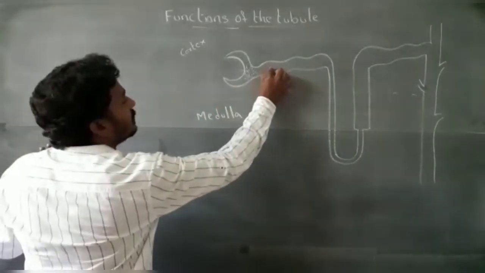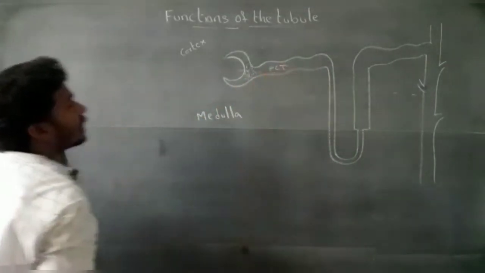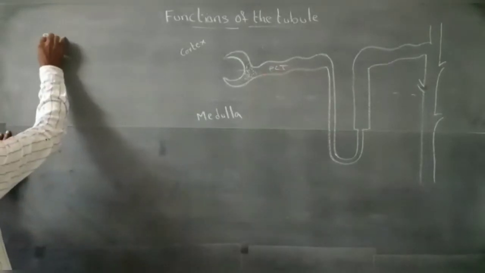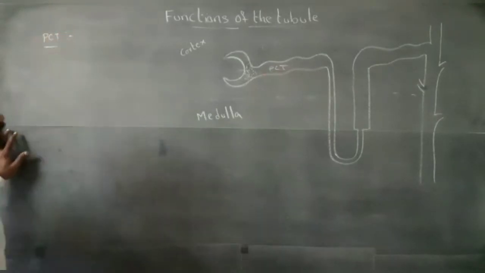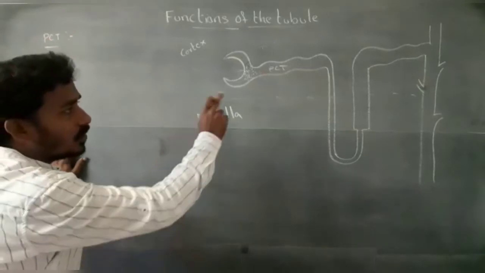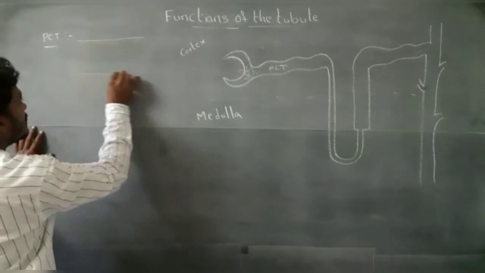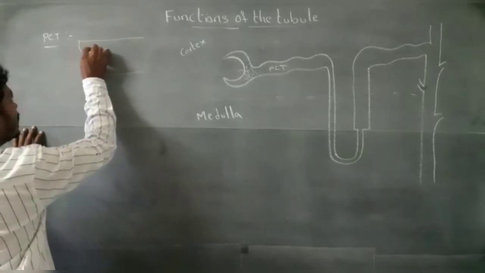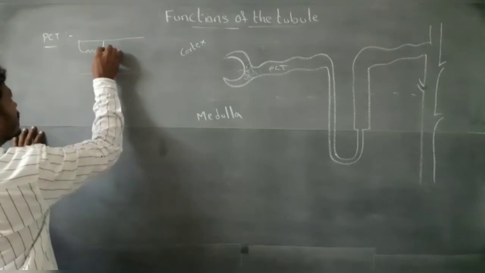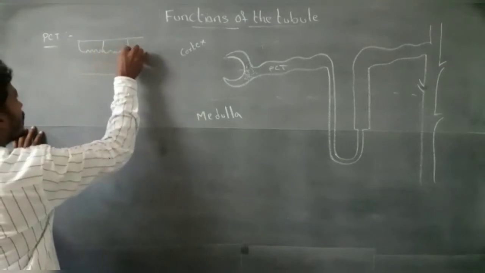First, the PCT. The inner lining of the PCT contains simple cuboidal epithelium.